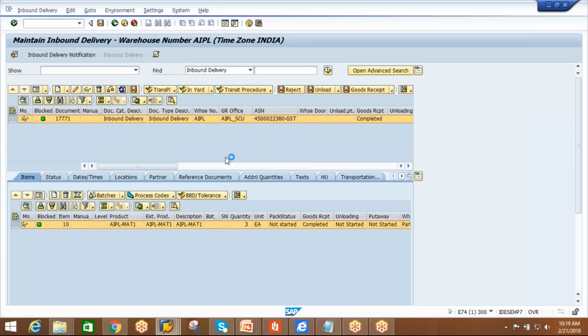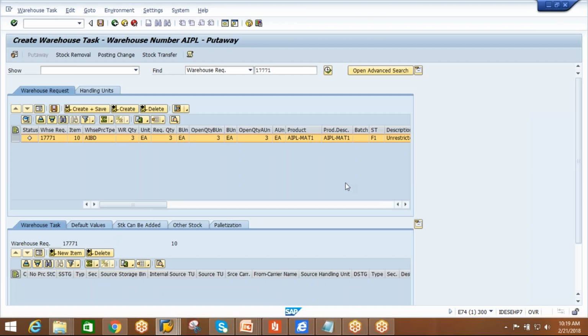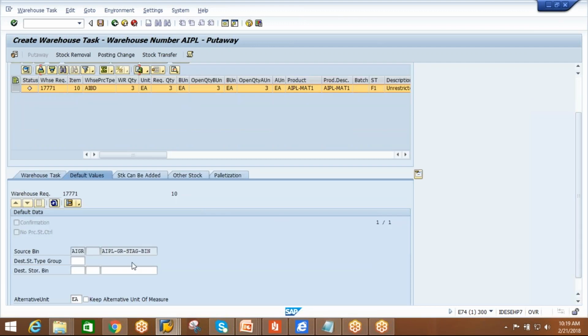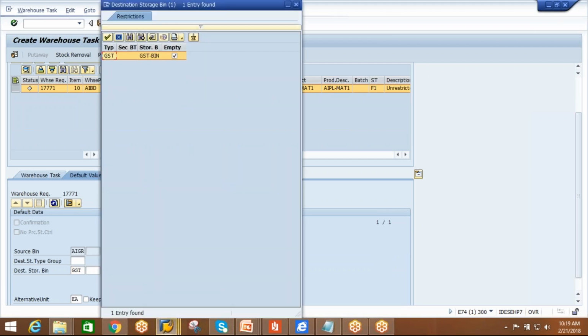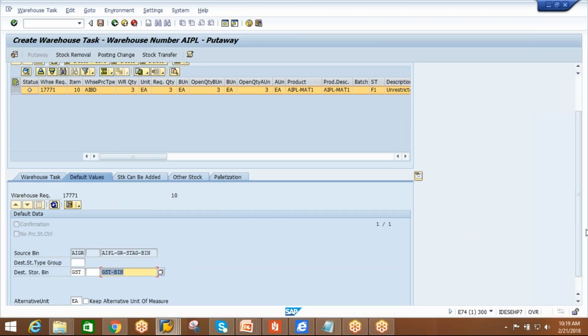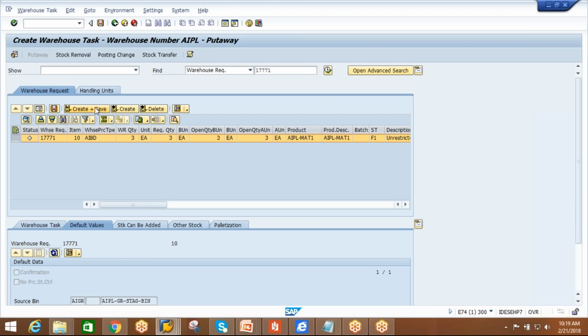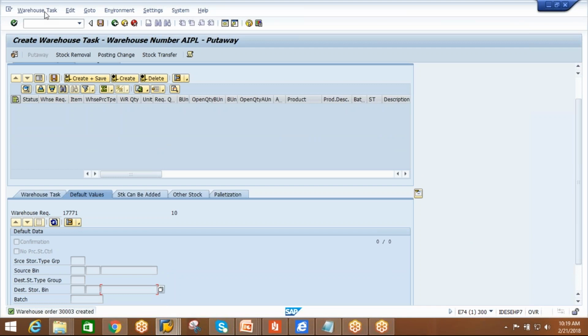Follow on functions, warehouse task, default values, GST. I'm moving into GST bin, confirm plus save. Confirm it.